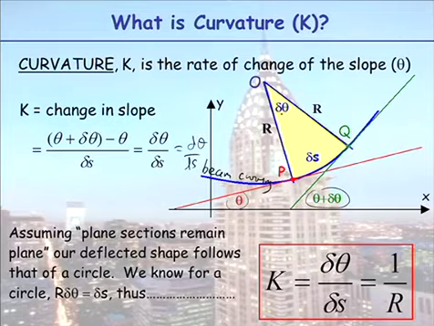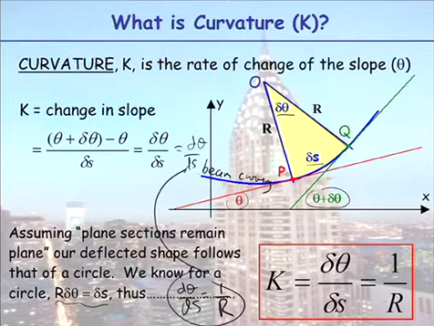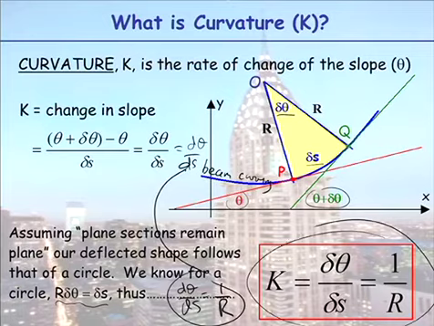If I know the angle and I know that the length along here is ds, I can define my radius: r d theta is equal to ds. So d theta ds is equal to 1 on r. Up here we said curvature is equal to d theta ds. So we now have a relationship between curvature and the radius of a circle.